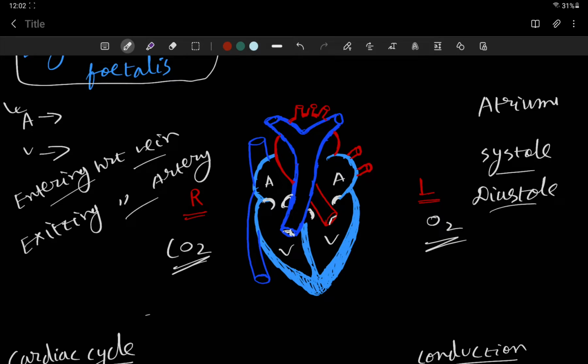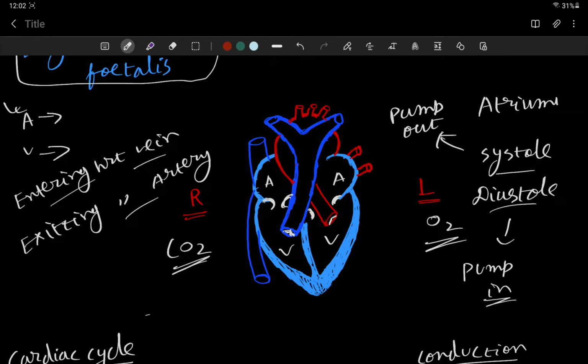So in systole the heart will be small, that means the heart will pump out the blood, and in diastole the heart will go larger, that means it will pump in the blood. So this is the basic difference between these two. Systole means pumping out of the blood and diastole means pumping in of the blood.